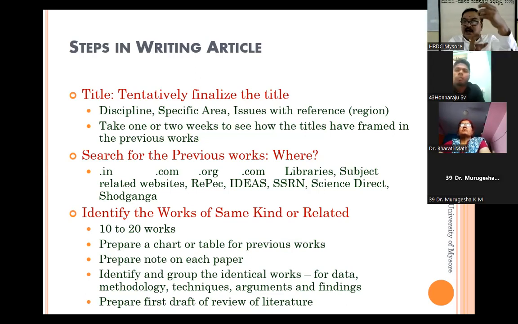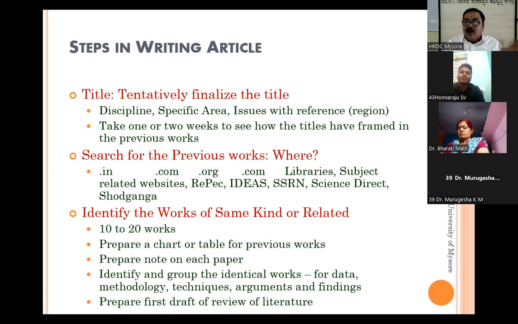Yes, these journals are arguing this, these journals are arguing this, these journals are arguing this. So these are the subject matters discussed. These are the issues discussed. While reading and making this exercise, you will be able to identify what has been done and what has not been done. I already told you, your review of literature will help you to identify the research gap.